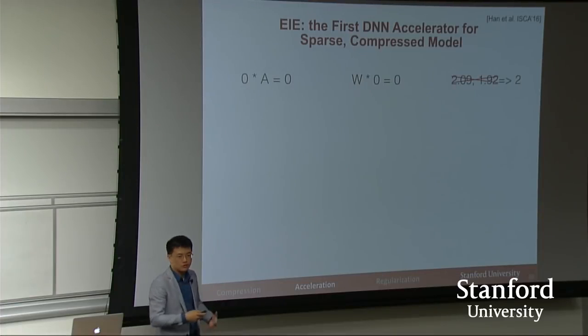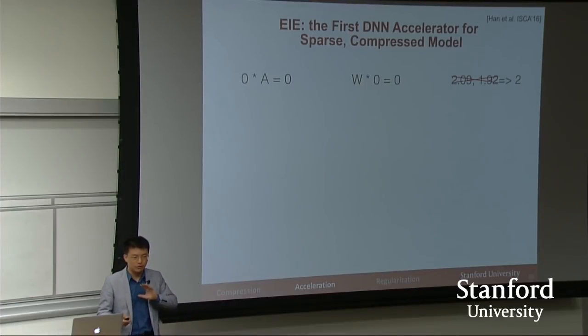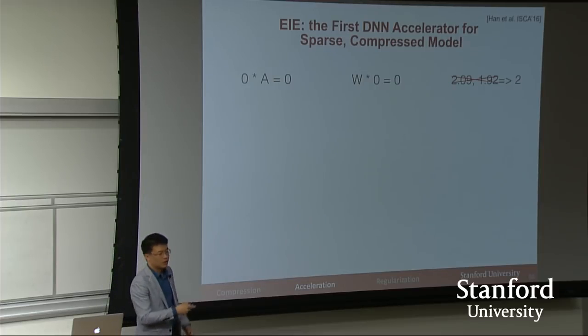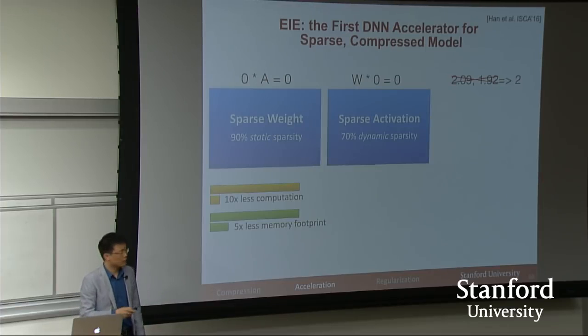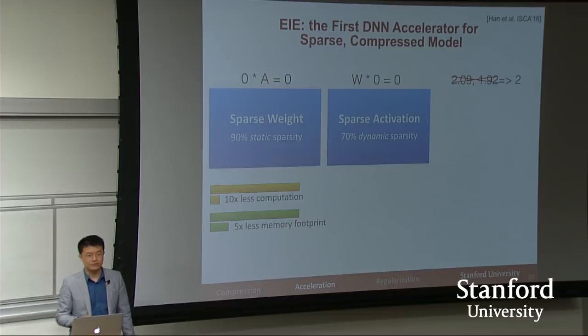And the rule of thumb, like we mentioned before, is taking advantage of sparsity first. Anything times 0 is 0, so don't store it, don't compute on it. The second idea is that you don't need that much full precision, but you can approximate it. By taking advantage of the sparse weights, we get about 10x saving in computation and 5x less memory footprint.